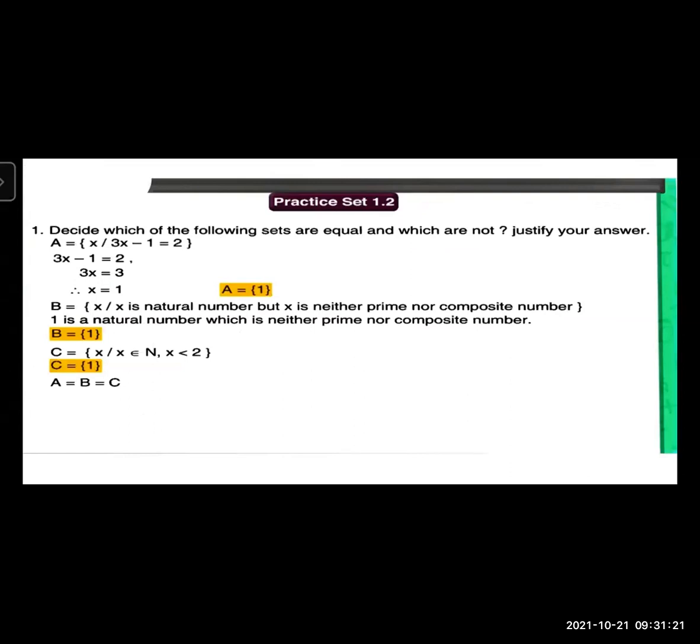Justify your answer. Here you have to first list out all the elements of set A, set B, and set C. After that, you have to decide which sets are equal and which are not.